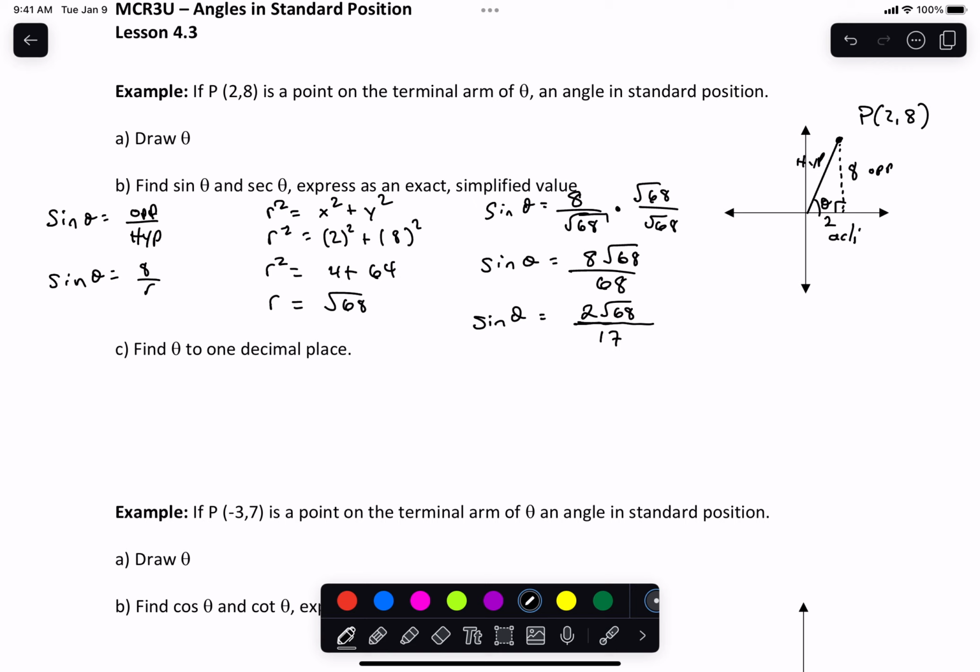I'm asking you to reduce that radical if at all possible. So I need a perfect square number that multiplies by something else to give me 68. Does that exist? 4 and 17. So I have the square root of 4 times the square root of 17.